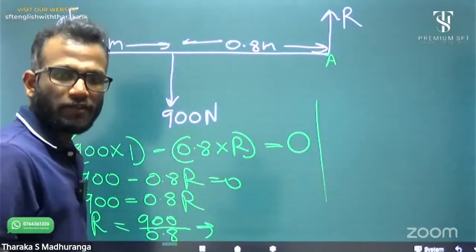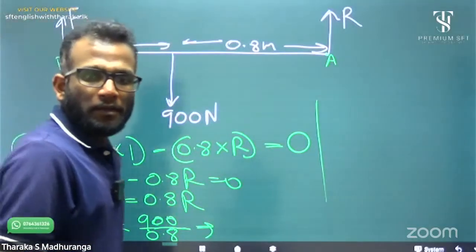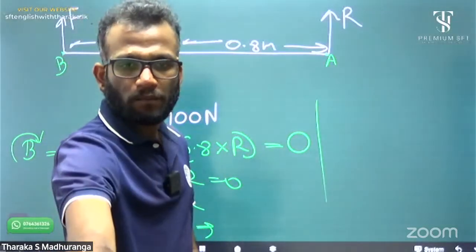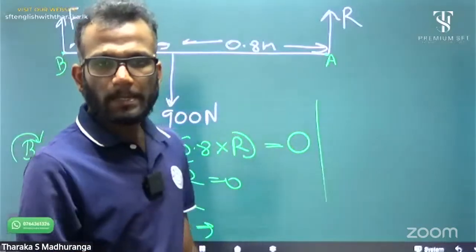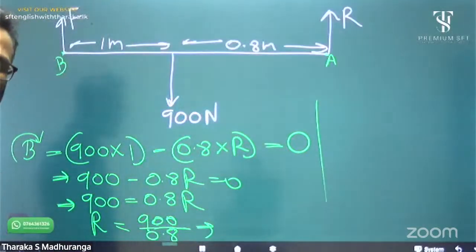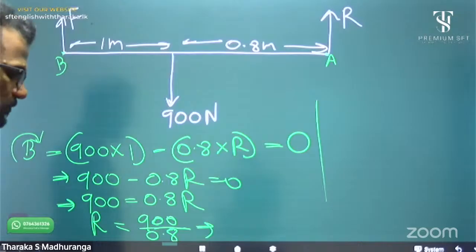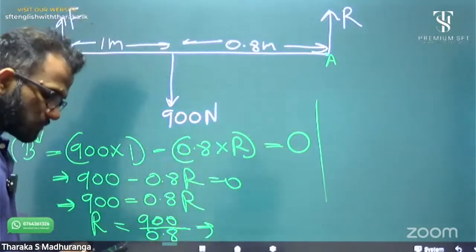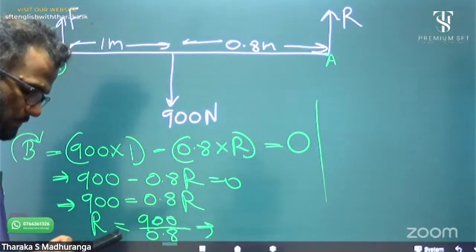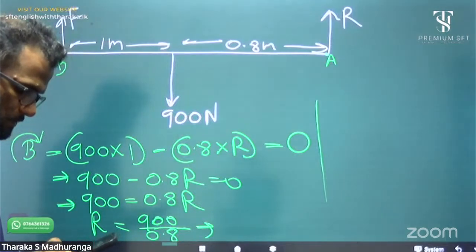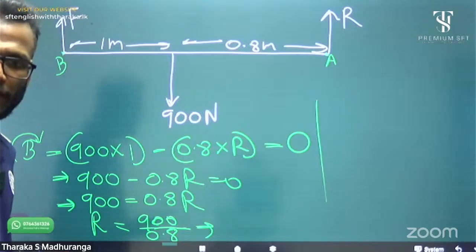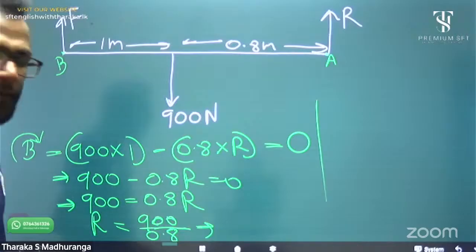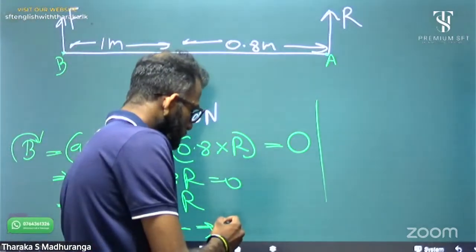Can you send me the R value quickly? What is R? 900 over 0.8. It is 1125.